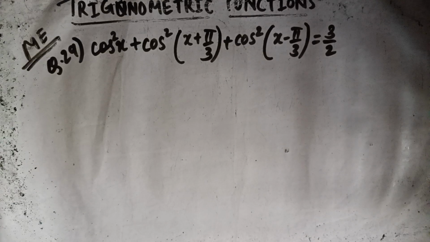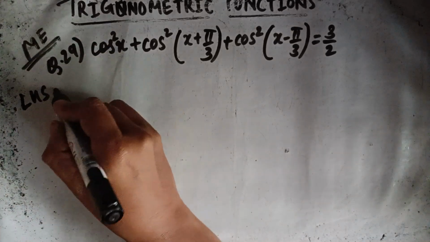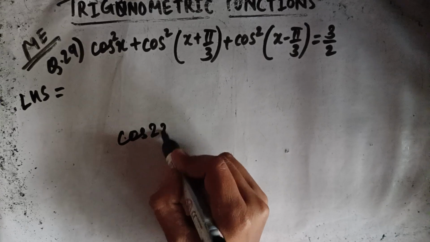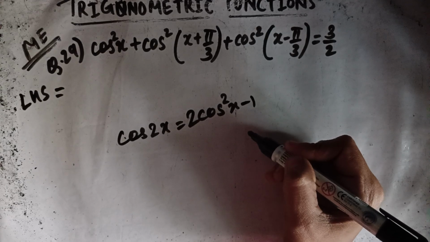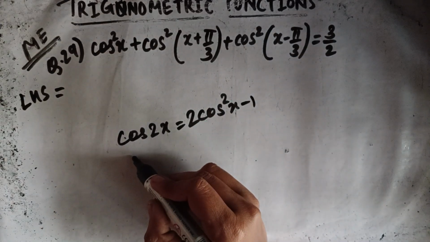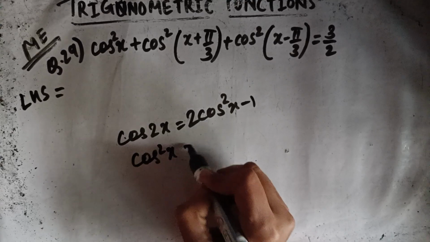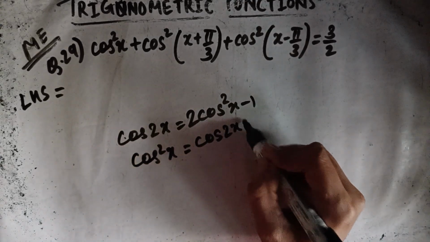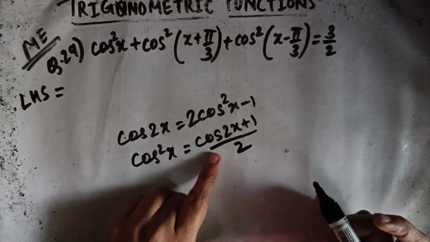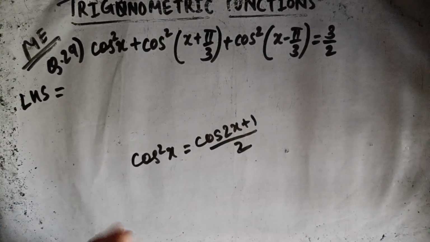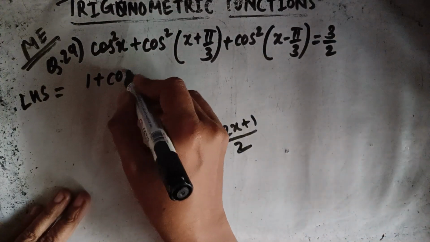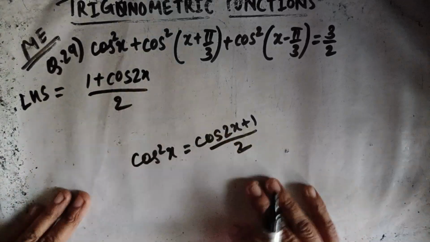Let's solve this. Here you have to make use of the formula for cos 2x. Starting with the LHS, we know that cos 2x is 2 cos square x minus 1. So this becomes cos square x equals cos 2x plus 1 by 2. This formula you have to use here. So cos square x you can write as 1 plus cos 2x divided by 2.